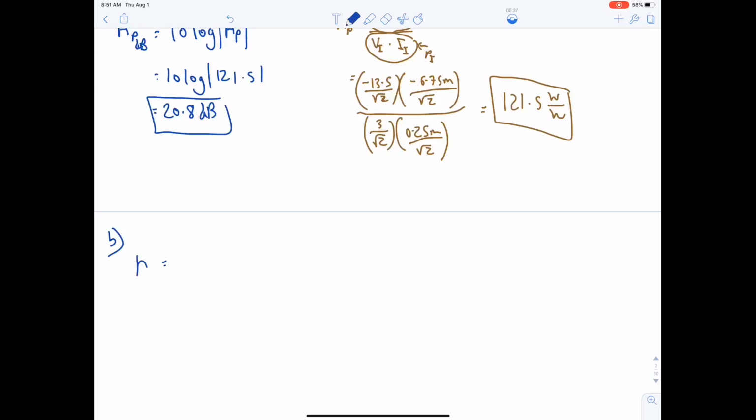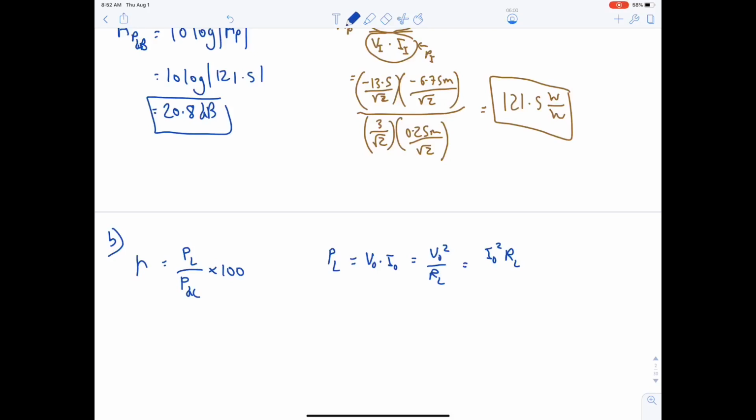Part B, the amplifier efficiency. The equation for efficiency is P load divided by PDC multiplied by 100. P load you can either find by V output multiplied by I output, or V output squared over RL, or I output squared RL.